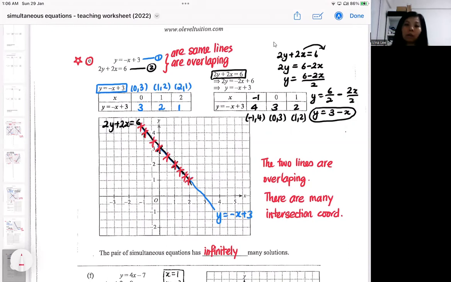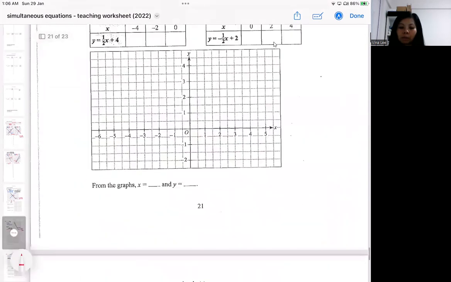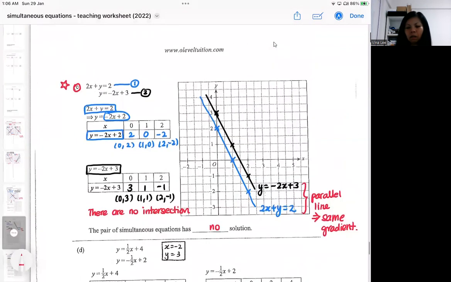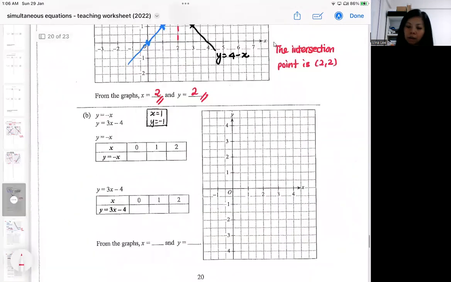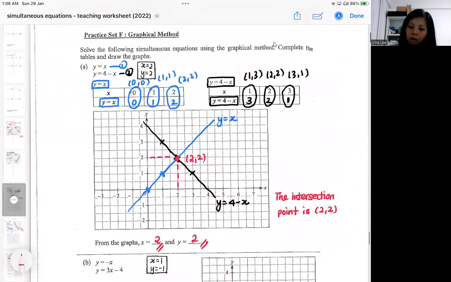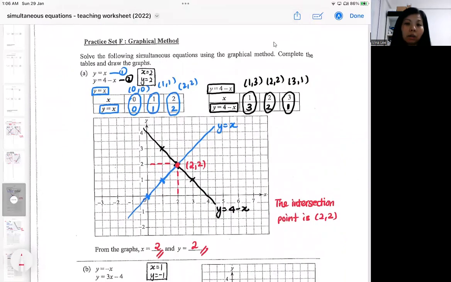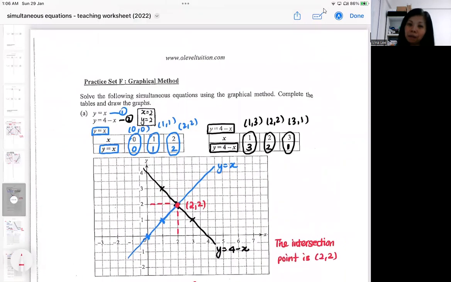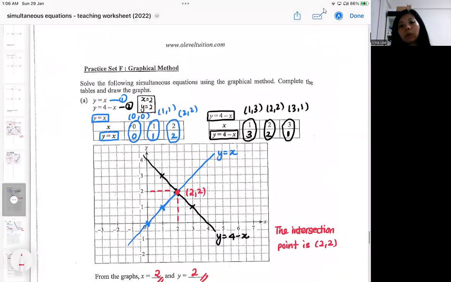In this case, we have too many solutions. In the previous case, we had no solution at all because they just never meet. Other than these two extreme situations, it will be more of you looking for the intersection point. Okay, so you will need to try to complete set F. But you have to bear in mind the two extreme cases.